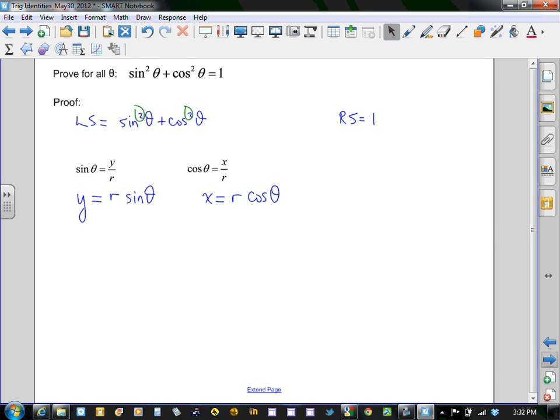And what we'll do is determine the sum of the squares of both x and y. So we're going to bring these two pieces together. So the expression x squared plus y squared is going to end up being equal to (r sine theta) squared plus (r cosine theta) squared.